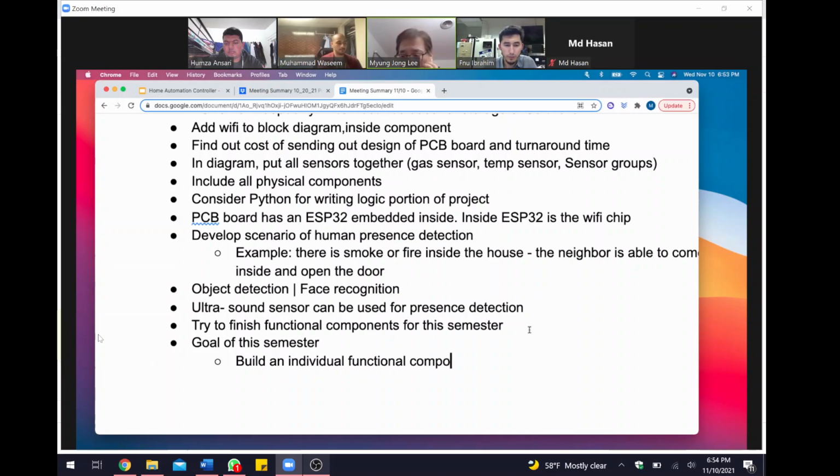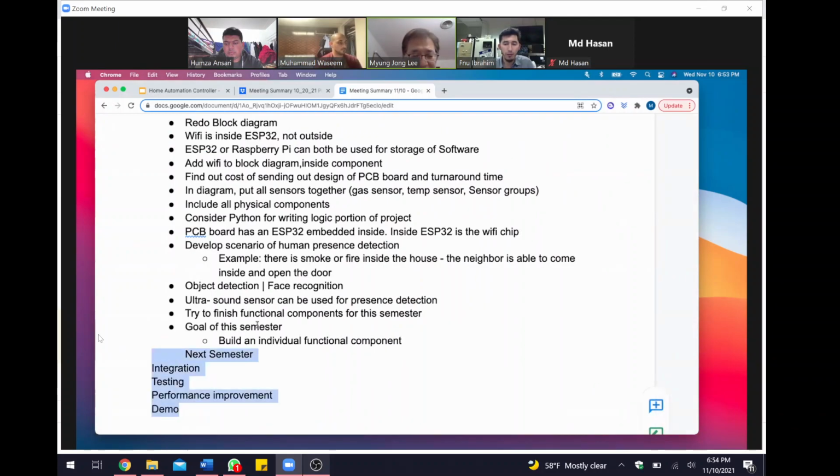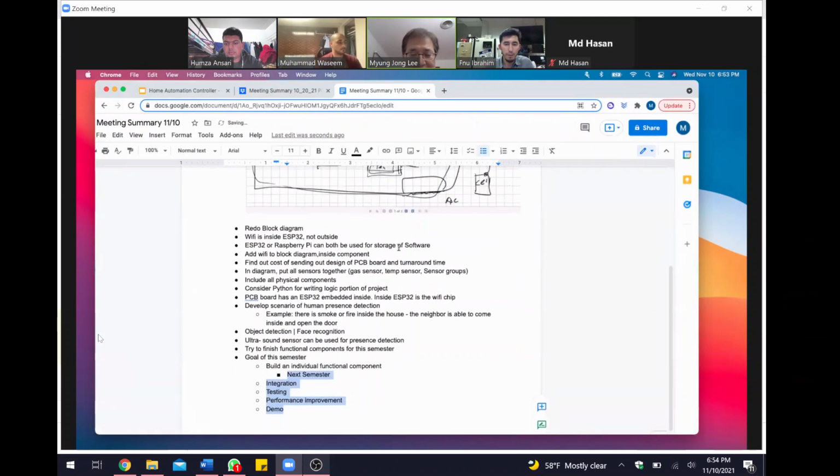And then you are ready to go to the next semester to integrate, test, and improve the performance and so on. That's the final goal. Okay. Next semester: integration, testing, performance improvement, and demo system. Nice demo.